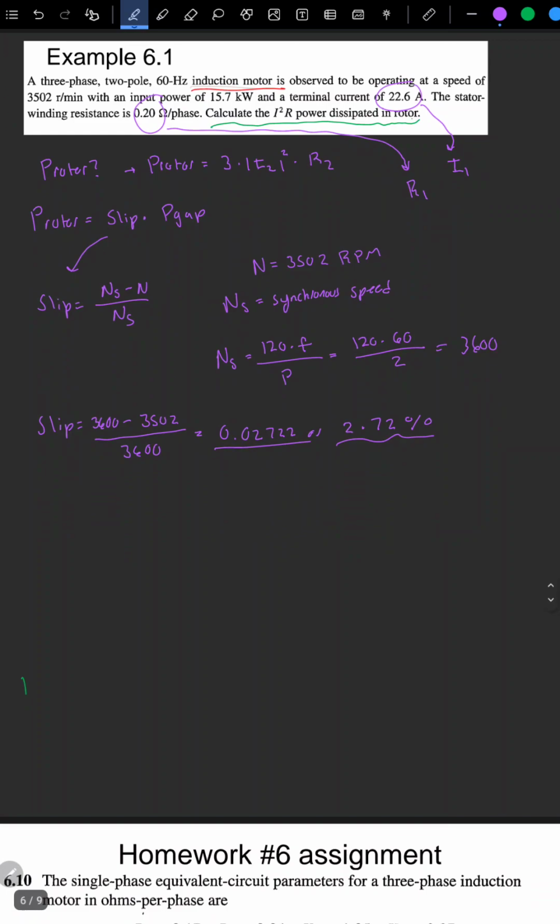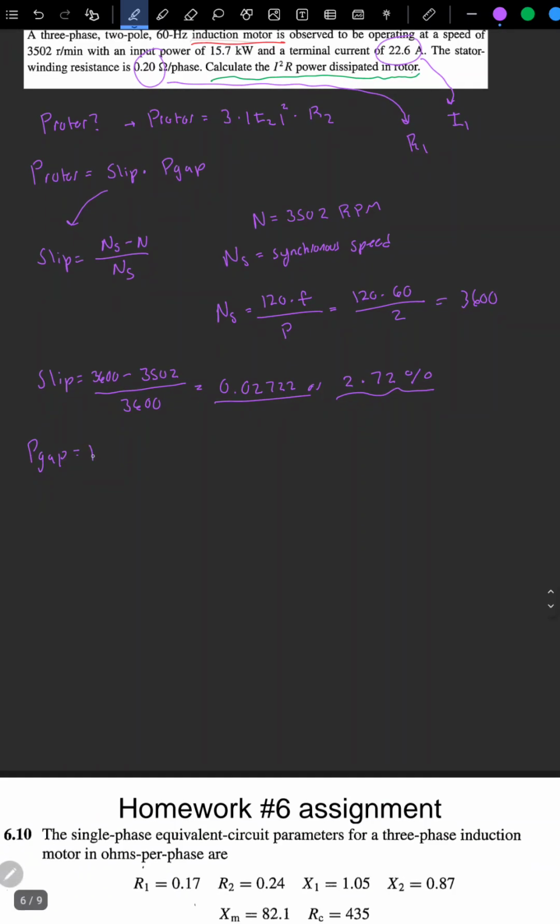Now we have to find the P gap. Our P gap could equal a few things, but I'll tell you how we get everything. P gap is more or less just going to equal the P input minus the P stator. We have P input, it's going to be 15.7 kilowatts.